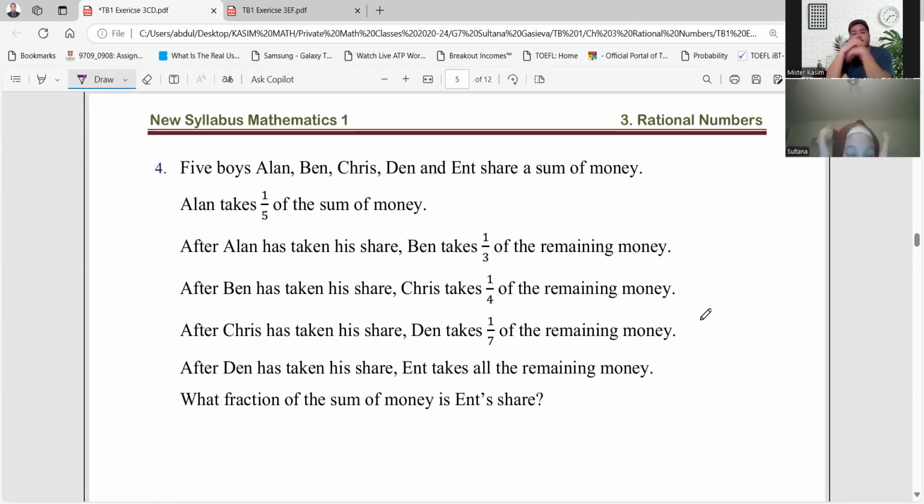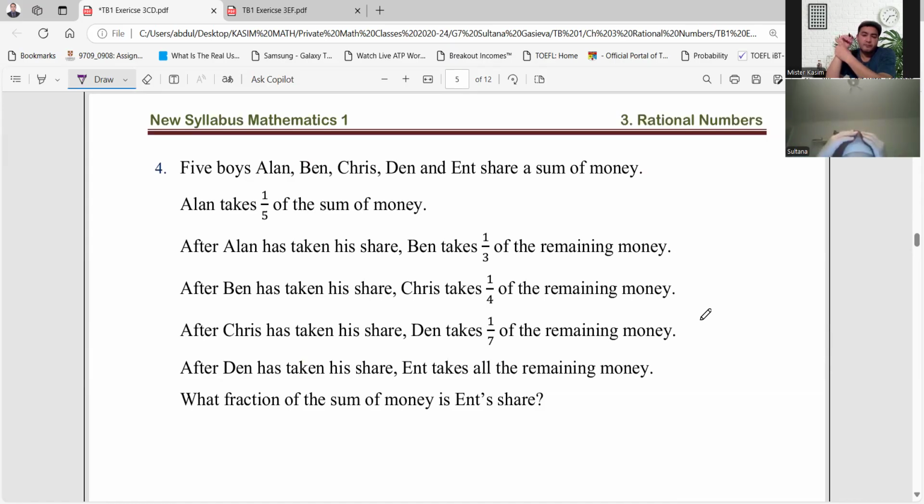Okay. Five boys, Alan, Ben, Chris, Dan, and Ent share a sum of money. Alan takes 1/5 of the sum of money. After Alan has taken his share, Ben takes 1/3 of the remaining money.